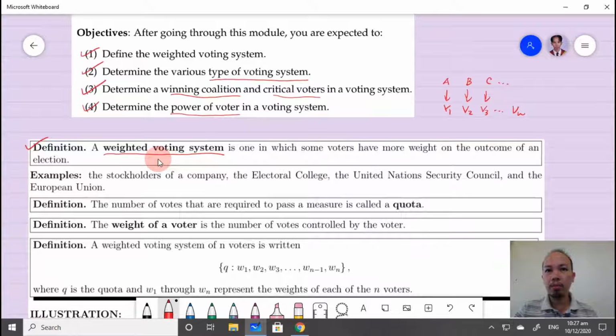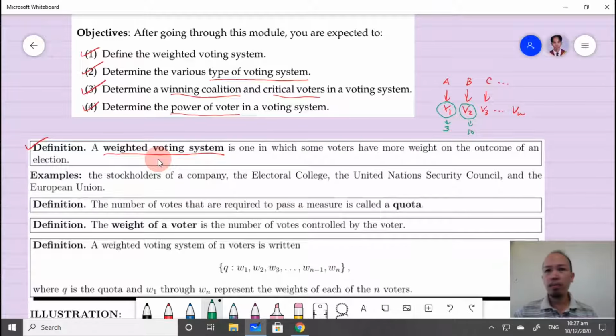In this kind of voting system, the voter has a weight. For example, you give voter V1 a weight of, let's say, 3. A weight is a whole number. Another voter's weight is, for example, 10. What does that mean?